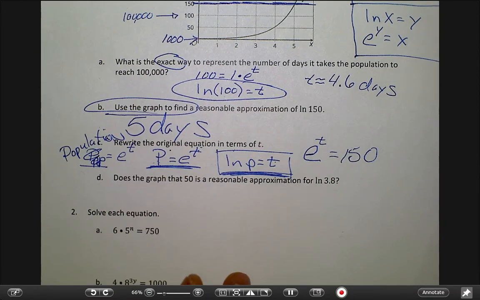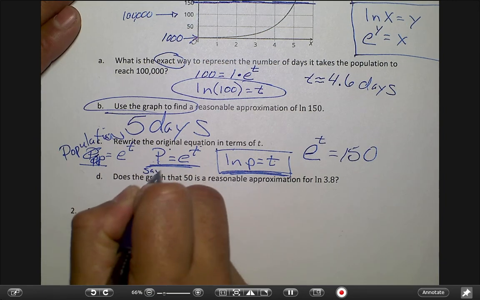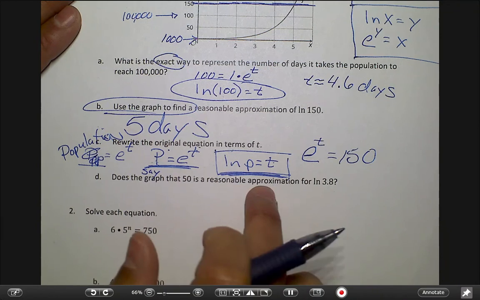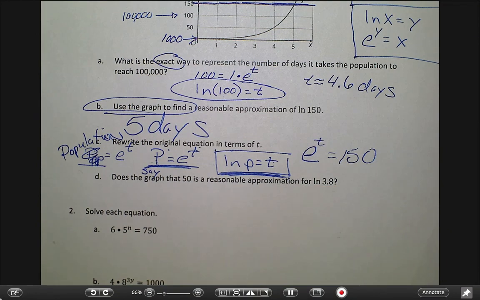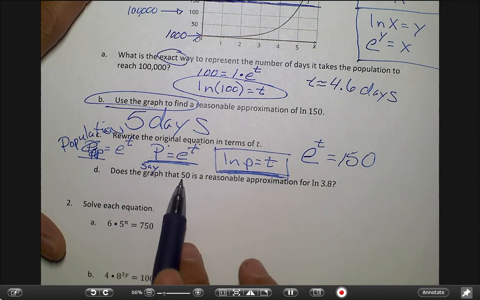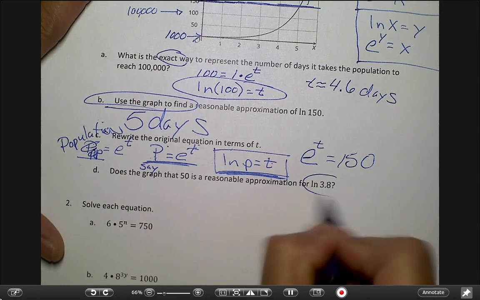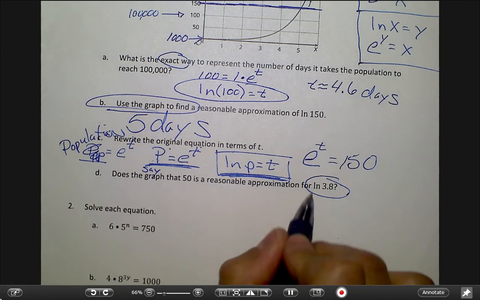All right, so does a graph say that 50 is a reasonable approximation for ln 3.8? Okay, well, let's see. Now, if I rewrite this as an exponent, my base is e.